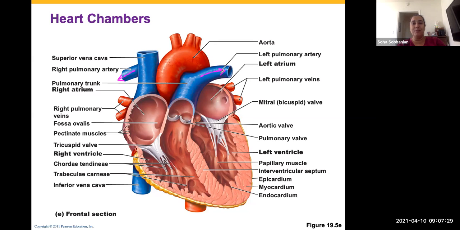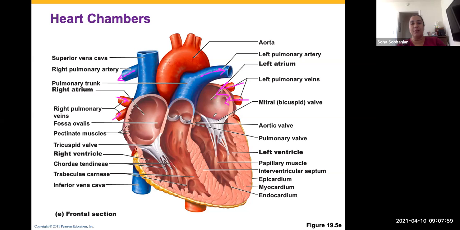Right and left pulmonary arteries end at your lungs, where you have that gas exchange taking place. Blood goes from deoxygenated to oxygenated and comes back through the right and left pulmonary veins into the left atrium.